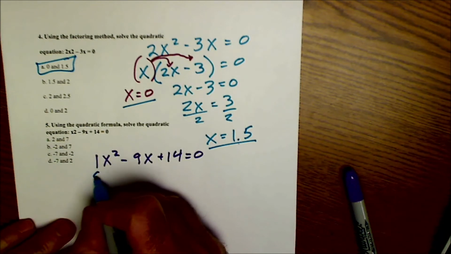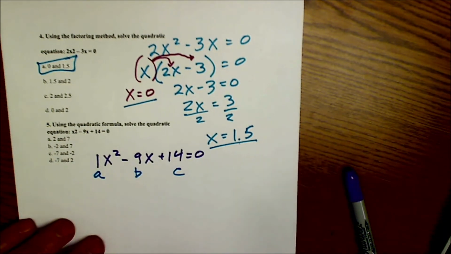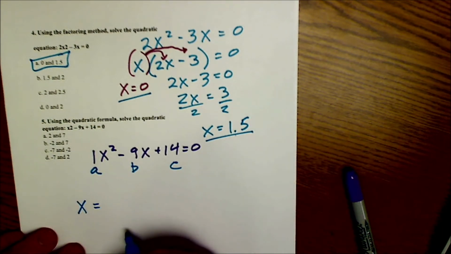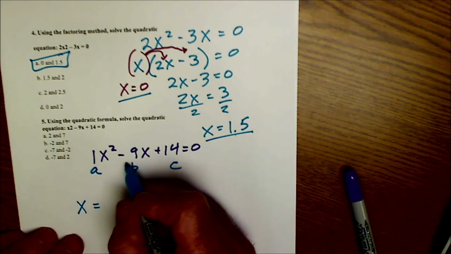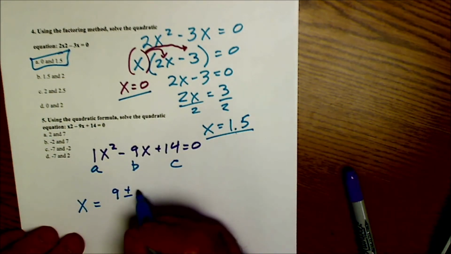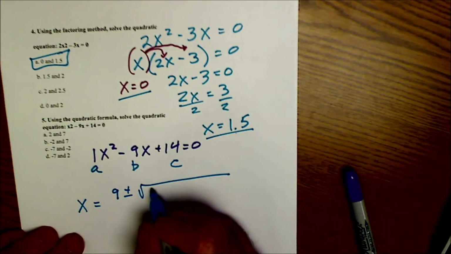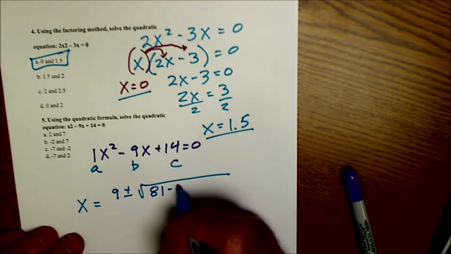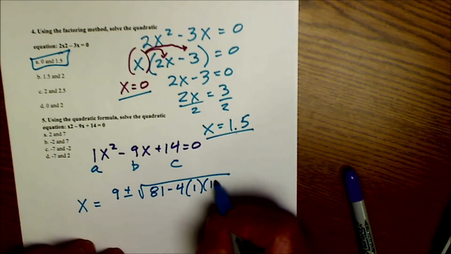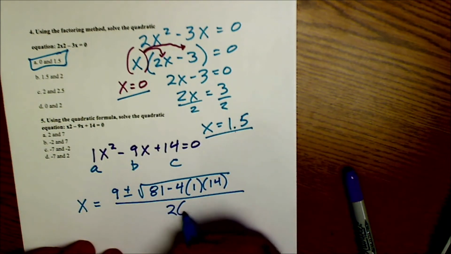This is my a value, negative 9 my b, 14 my c. So x is going to equal negative b, negative 9, plus or minus the square root of b squared, negative 9 times negative 9, b squared minus 4ac, all divided by 2a.